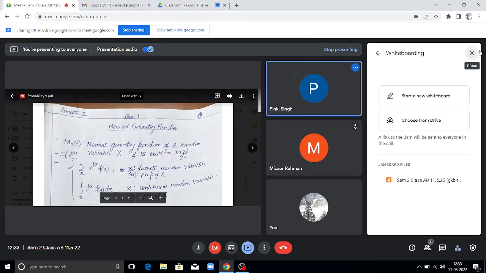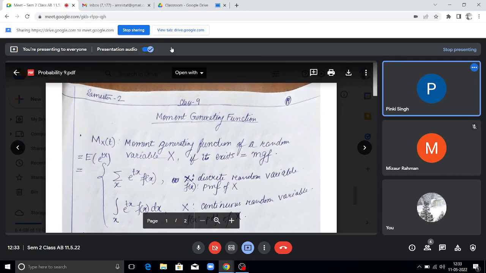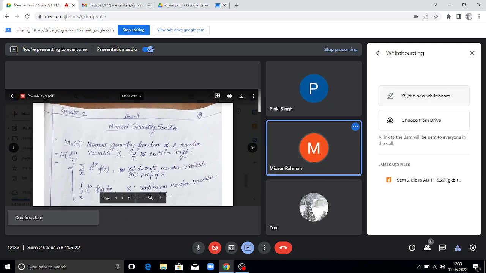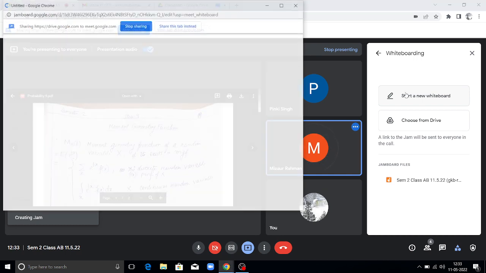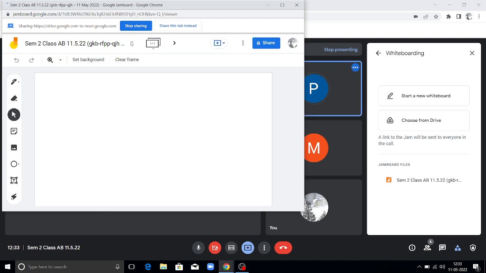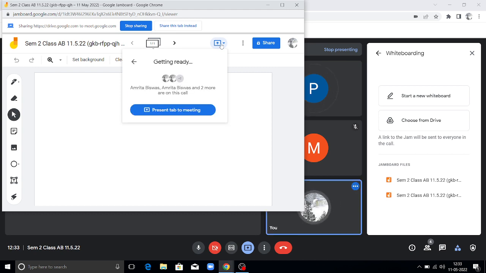No, ma'am. We haven't downloaded Jamboard. Jamboard needs to be downloaded on the mobile, but for laptops it's not required.